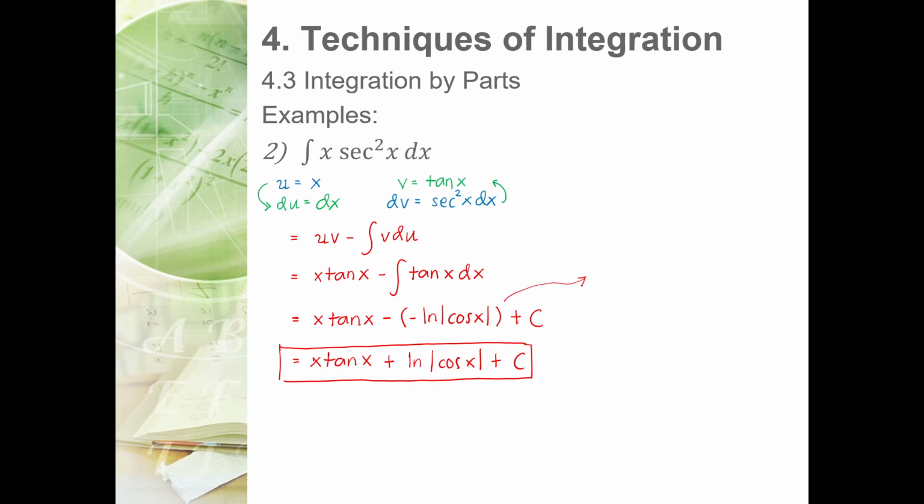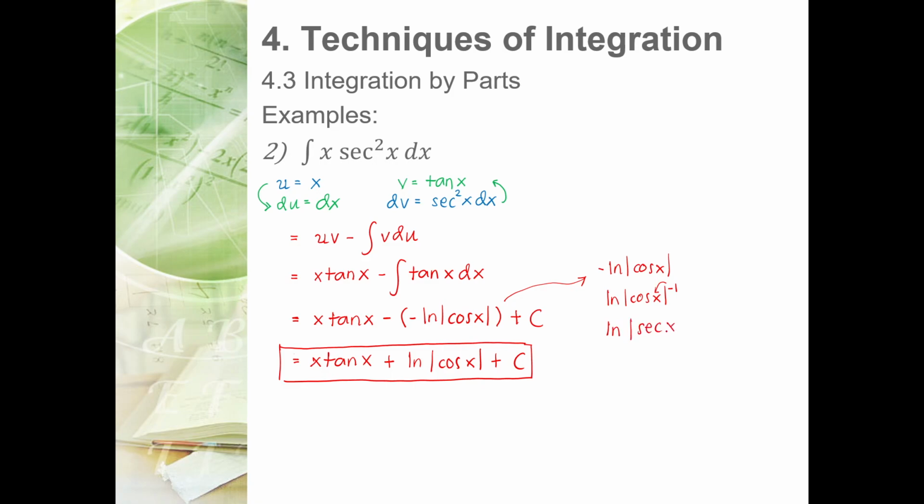In other integral calculators, your negative ln cosine of x can be represented as ln secant, because this one becomes ln of cosine x raised to the power of -1. That's the property of logarithms: the coefficient of the logarithmic function is the exponent of the base.